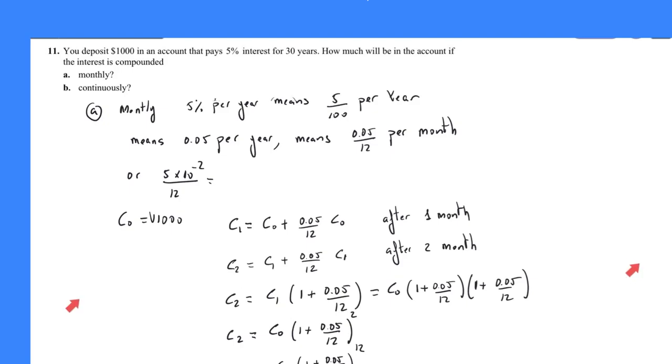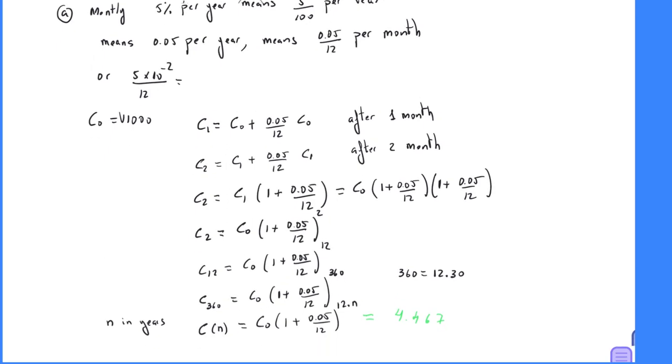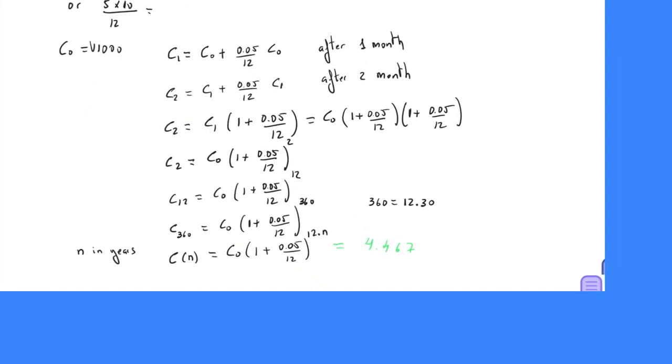So we will arrive at the equation that will say that C after 30 years, because a year has 12 months, after 30 years 360 months have passed, so C of 360 will be the initial amount, times 1 plus the interest rate that you earn per period, per month in this case, and it happens 360 months, raised to the 360.